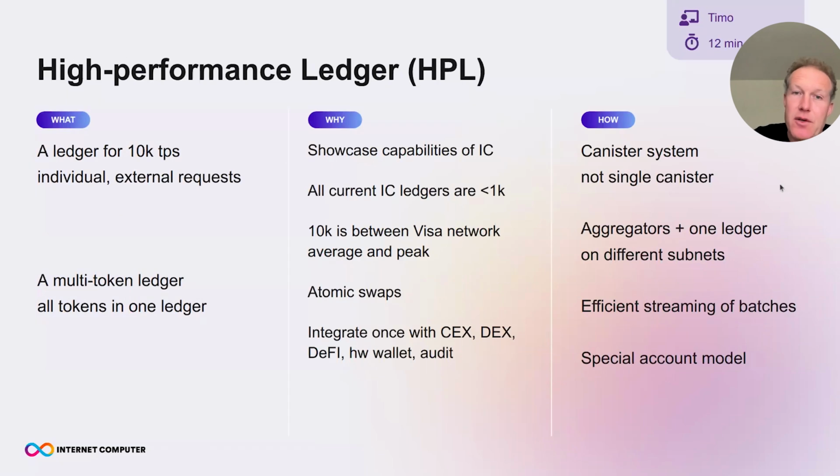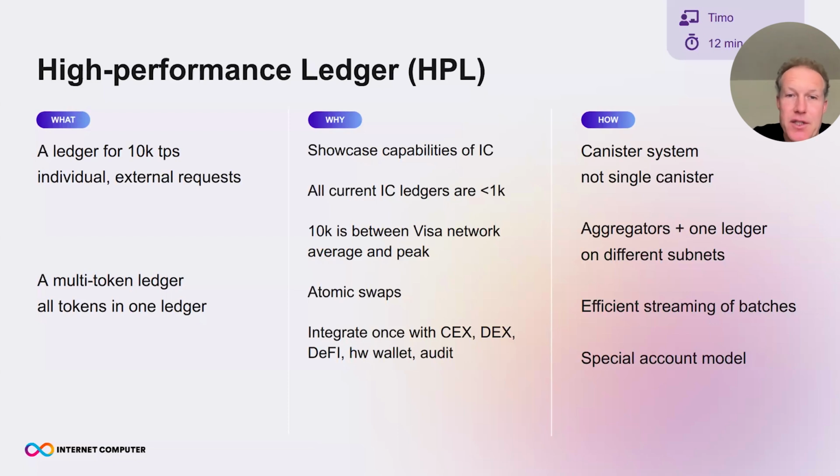And because all current IC ledgers, by single canister design, are limited to somewhere less than 1K TPS. 10,000 is an interesting and also challenging number and happens to lie somewhere between the Visa network's average and peak load.